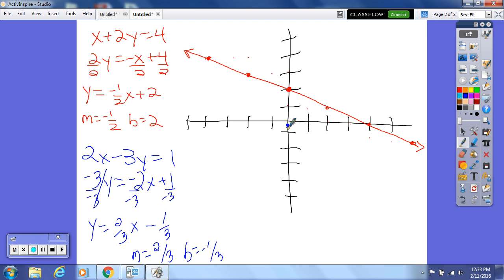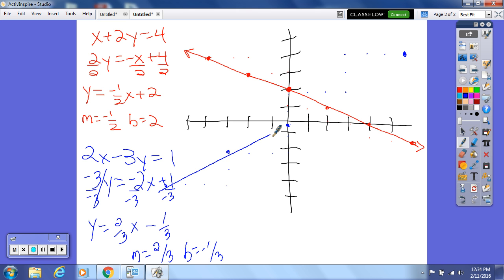So negative 1/3, now I go up 2, right 3. So up 2, right 3, or down 2, left 3.